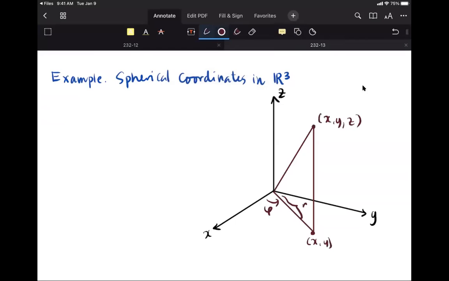Now we have the angle from the positive z-axis to the vector determined by the point x, y, z. And let's say this is theta. So with this, the map corresponding to this change of variables is now as follows.